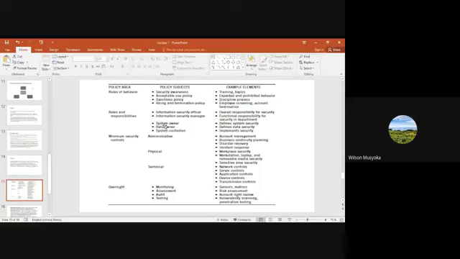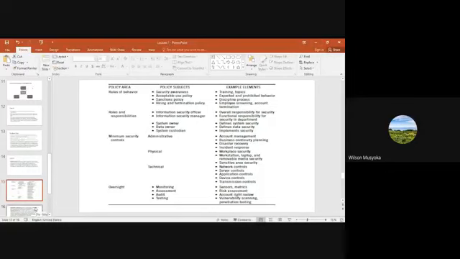So these are the ones you need to put into your mind when you are developing a security policy, to understand what are my rules of behavior when you are looking at a specific organization. Then you also need to understand what are my roles and responsibilities, because they differ from organization to organization.